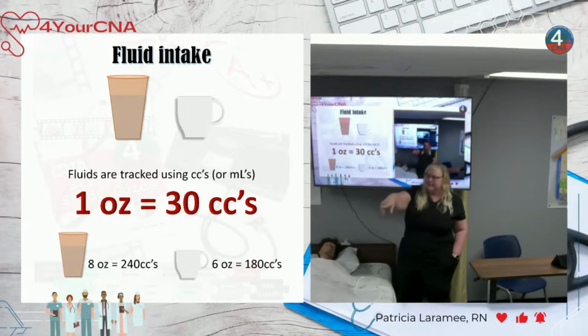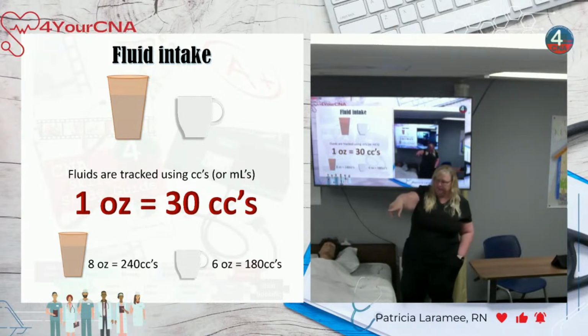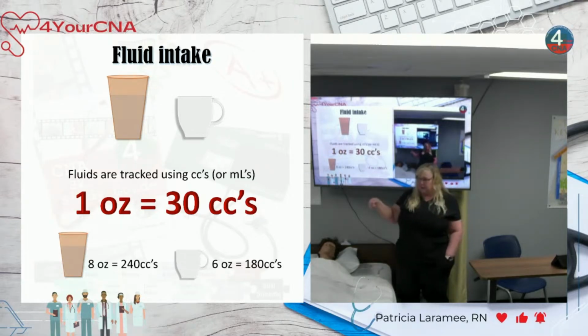So for instance, that coffee cup right there is 8 ounces. If we know the coffee cup is an 8-ounce cup and the patient drank all of it, well, we can't write 8 ounces because we don't document in imperial system. We document in metric.